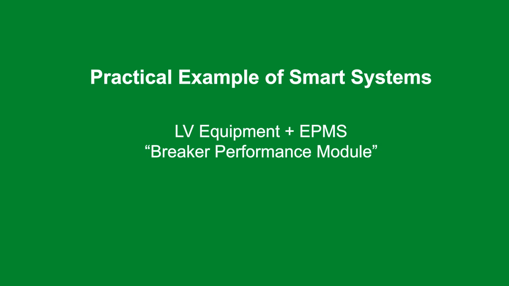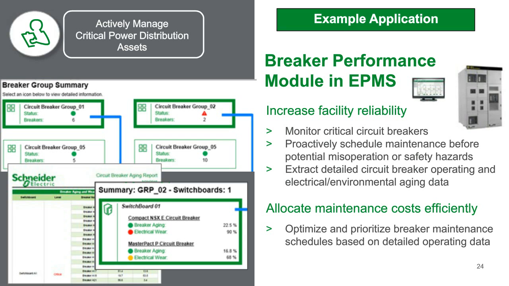What this does is it allows you to use data that's available from a breaker and see the actual status of the breaker. This is a module inside of an EPMS software, and it's looking at critical circuit breaker information and helping you proactively schedule maintenance for that breaker by understanding things like the breaker aging. So where is the breaker in its lifespan?